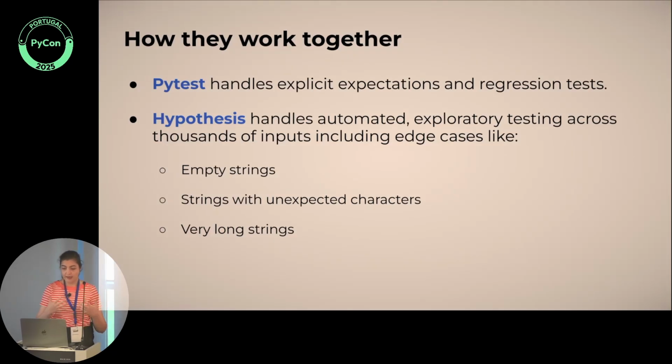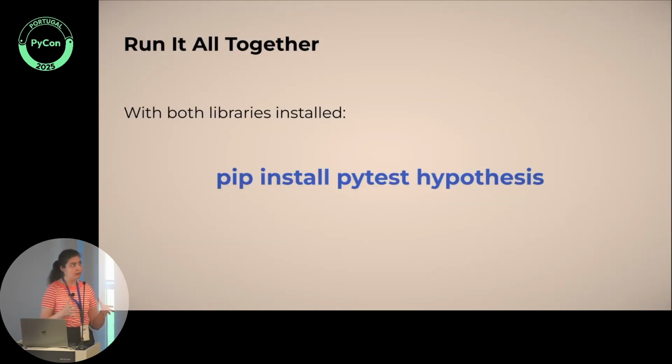And Hypothesis handles automatic and exploratory testing across thousands of inputs, including edge cases like empty strings, strings with unexpected characters, very long strings. Because both are Python libraries, you should have them installed with pip install, and then you run PyTest, and it all runs together.